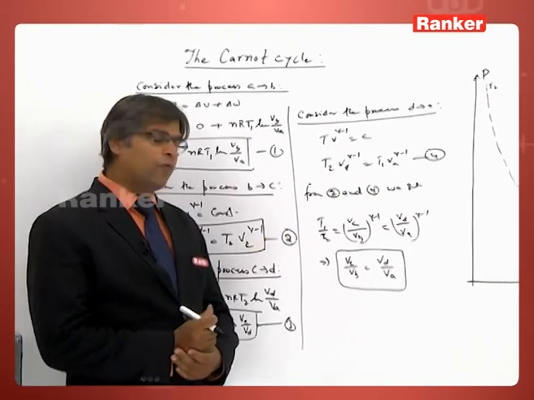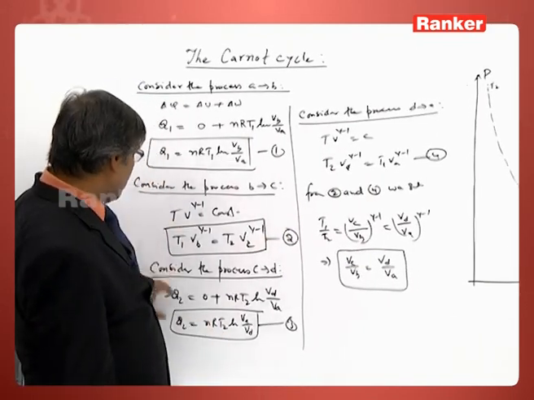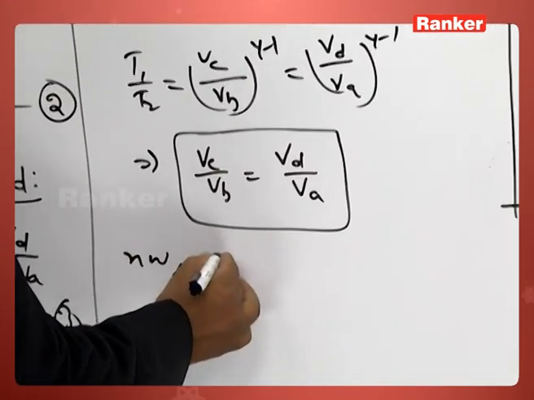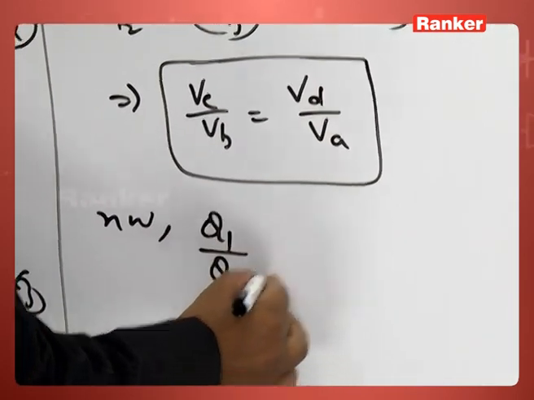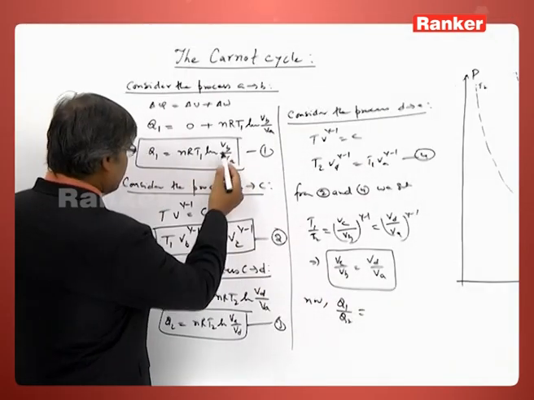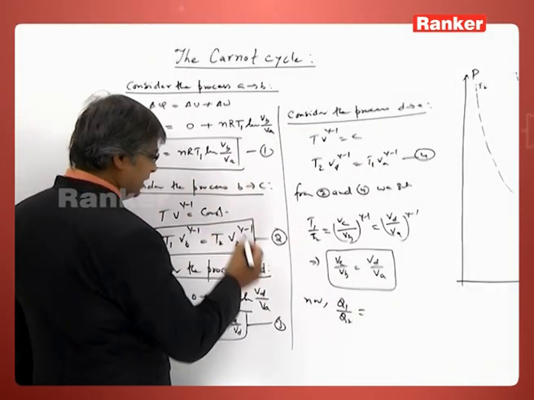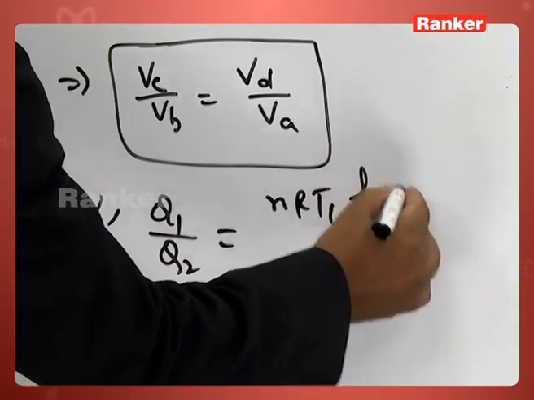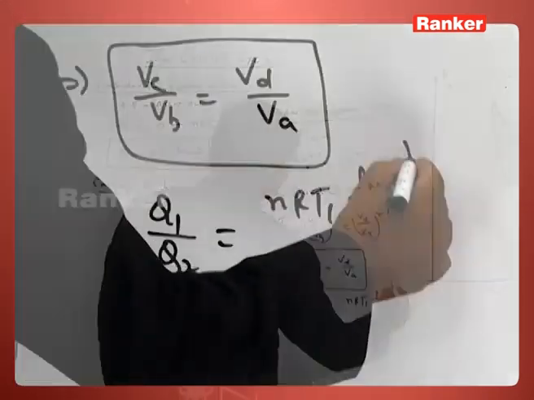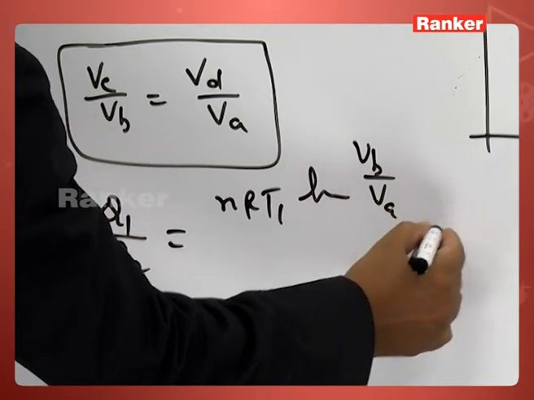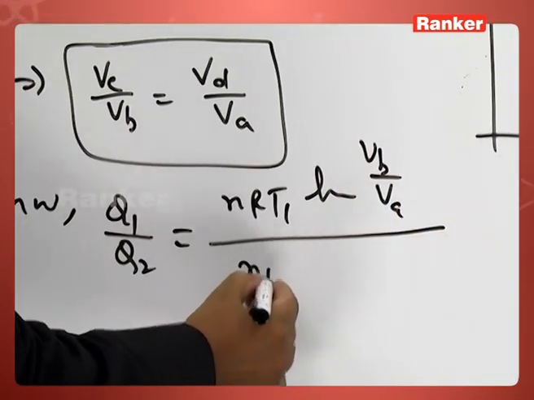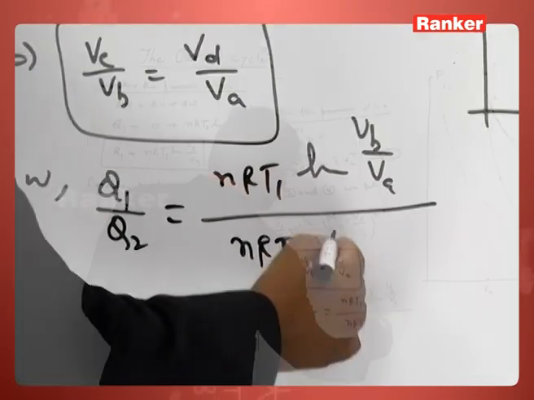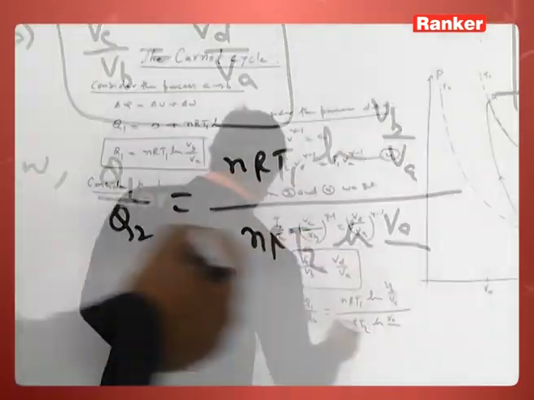Now let us find the ratio of Q1 by Q2. Q1 by Q2, this by this, let us see, it is nRT1 ln Vb by Va upon nRT2 ln Va by Vd.